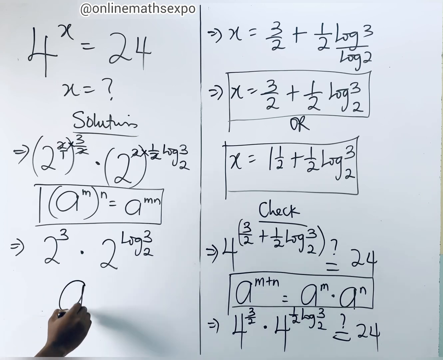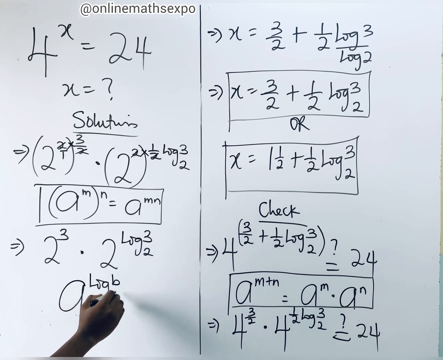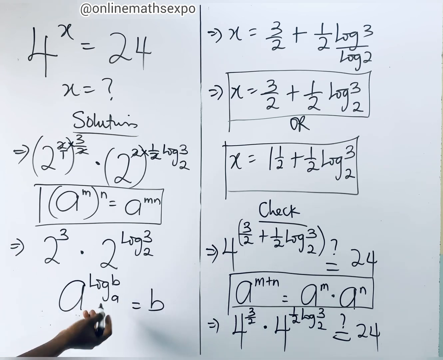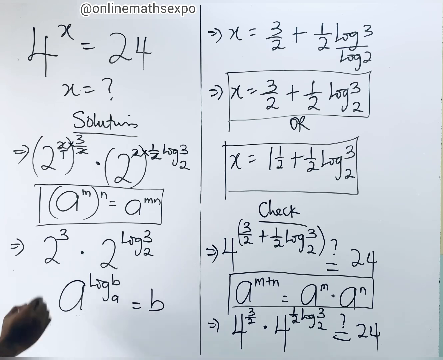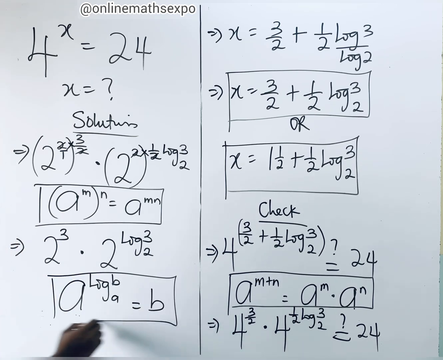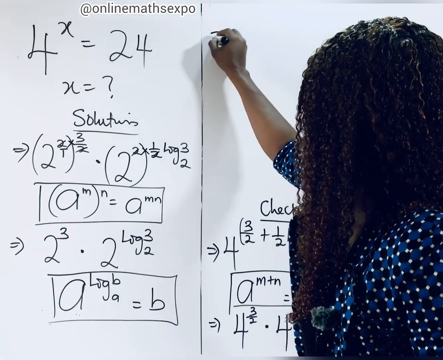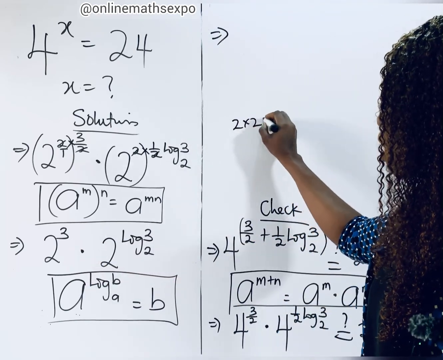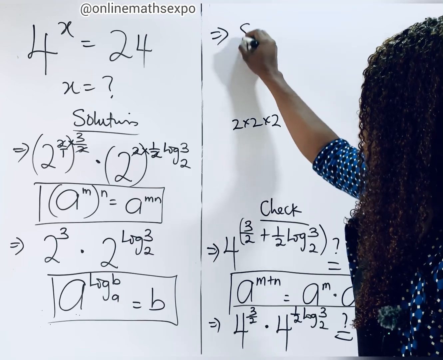For every a to the power of log of b base a, it is giving you what? B. Okay, observe that the base of the log and the general base are the same. So in that case, we are going to have it that for this we have 2 to the power of 3, which is 2 multiplied 3 times, and that will give us 8.